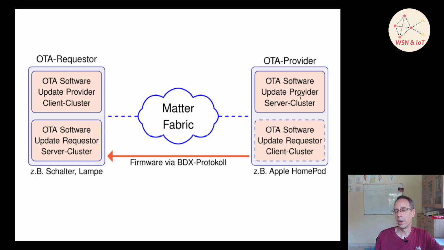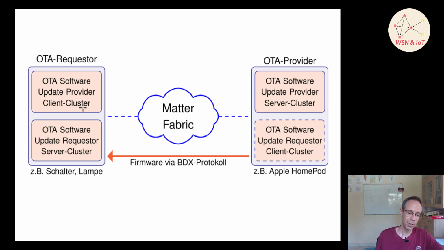Normally, such a provider is a more complex device, like an Apple HomePod, for example, and it gets the new updates over a database or over the internet. And when it has a new update, it delivers it to the OTA requester.